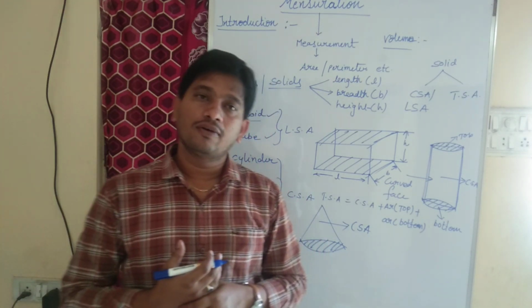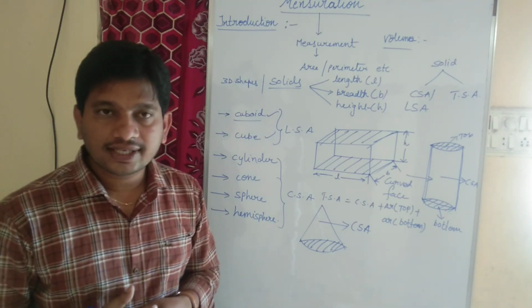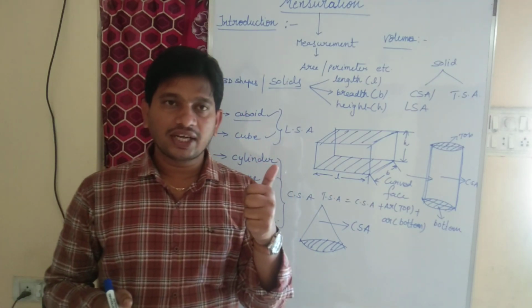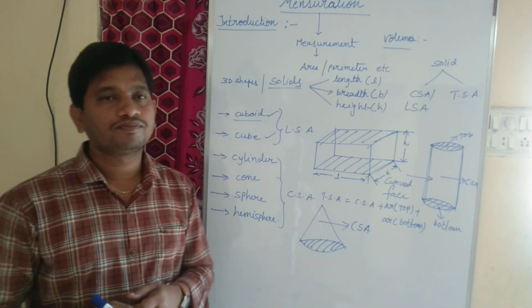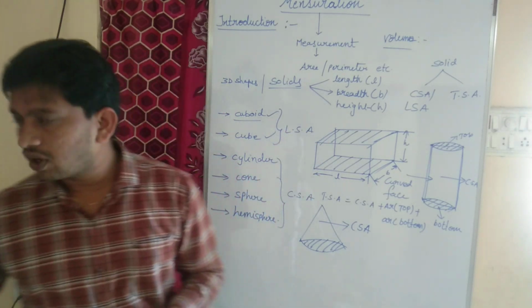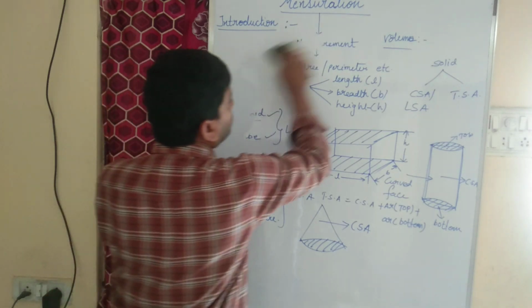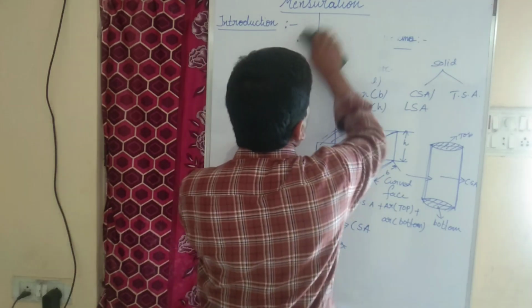That is said to be volume. In this chapter we will discuss two major topics: surface areas, which are of two types, lateral surface area and total surface area, and also volume. So let us study the formulas of all the solids.